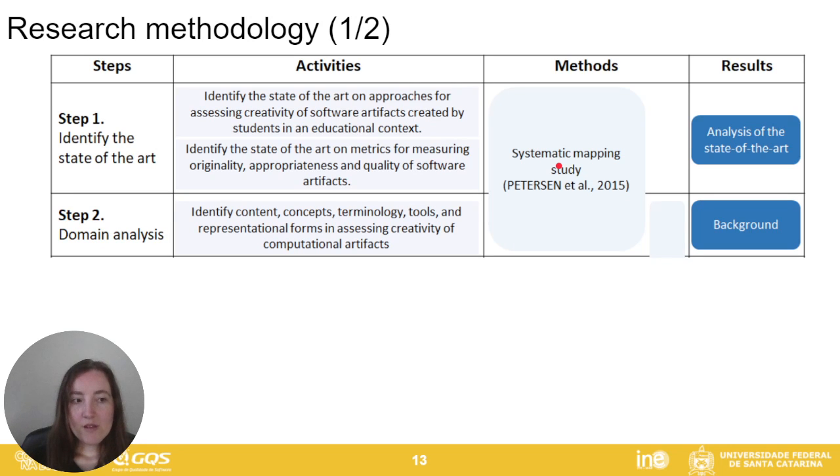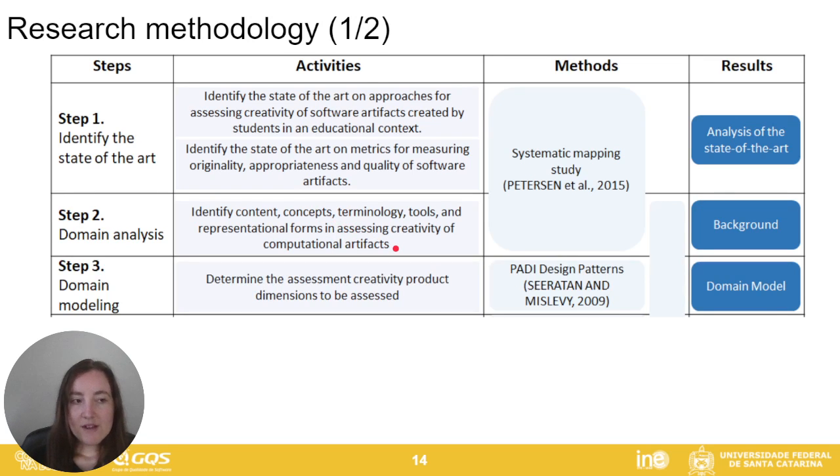In step 2, the domain is analyzed based on the results of the literature reviews, curriculum guidelines, and the analysis of the educational context. In this step, we gather information about how creativity in mobile applications is perceived and communicated, as well as concepts, terminology, tools, representational forms, etc.